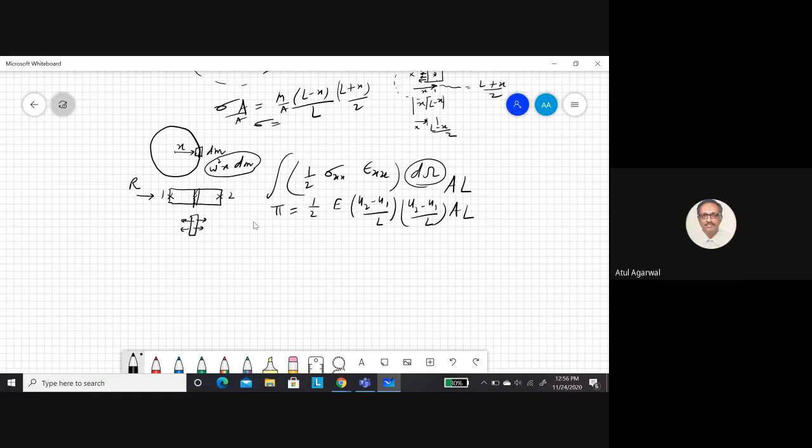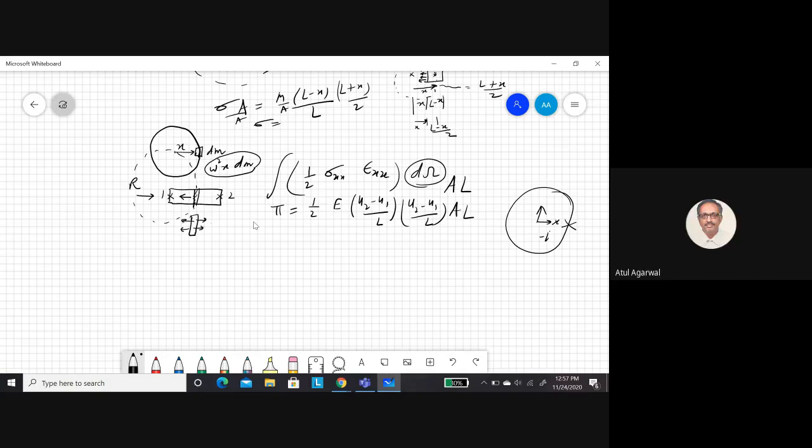If something is going in a circle at this point, what is the centripetal acceleration? In which direction? Towards the center. So this is in the minus i direction. This is x. You see, this entire thing is going in a circle like this. So these forces are not in equilibrium. They are causing a net force towards the center.